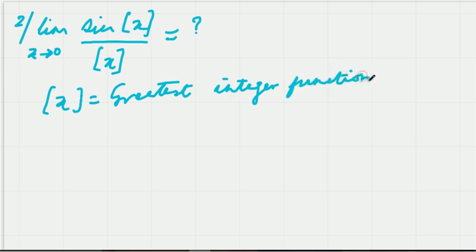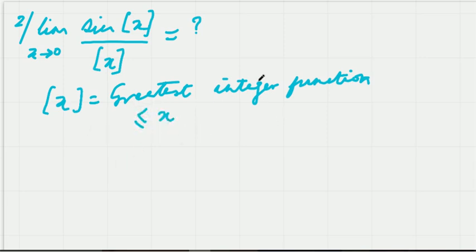What it means very simply is that this function will take the value of the greatest integer which is less than or equal to x.